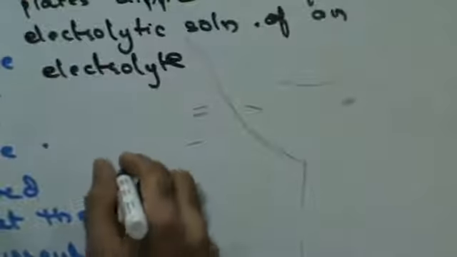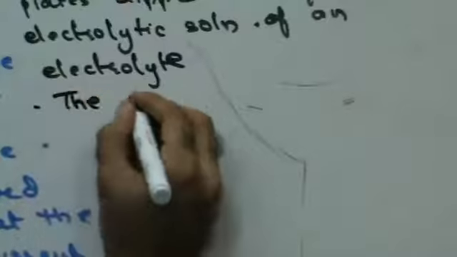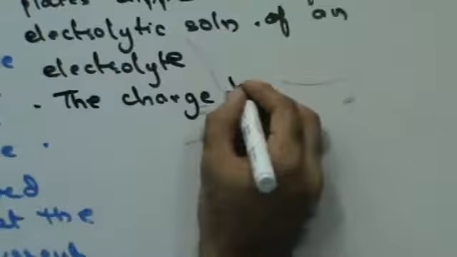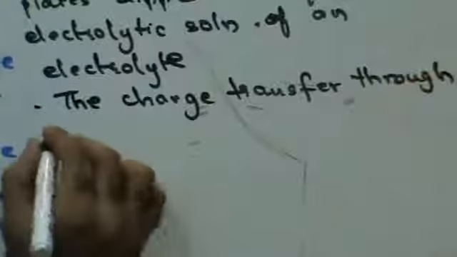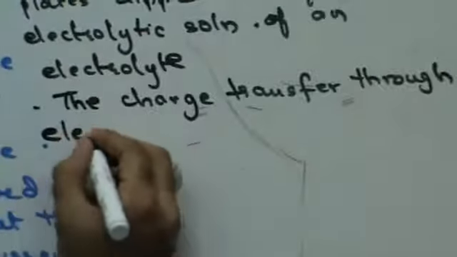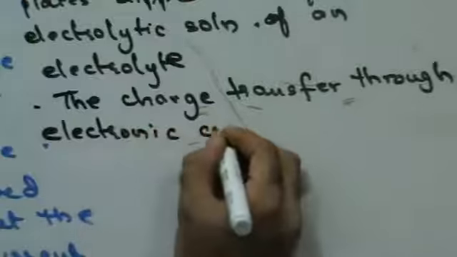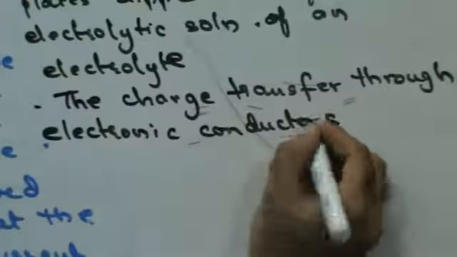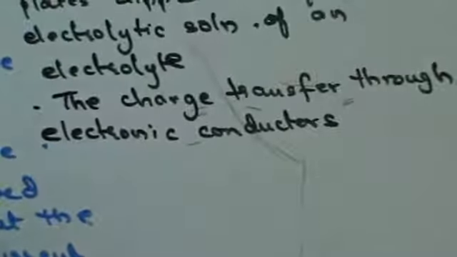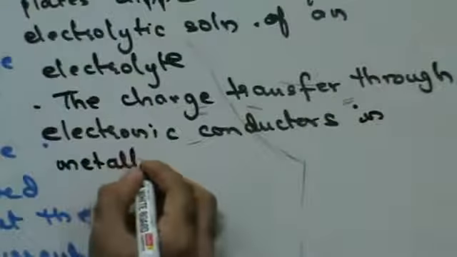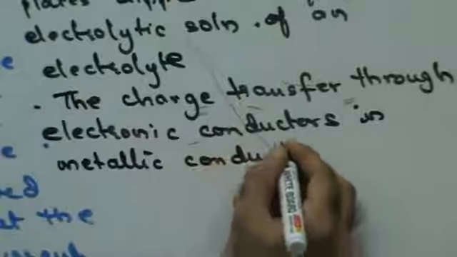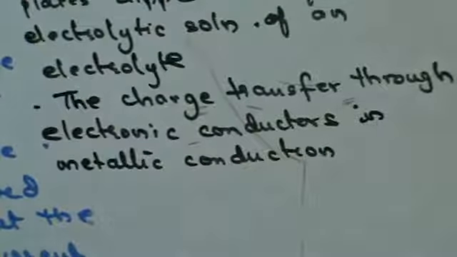The charge transfer through electronic conductors, the metal plates that are put, is metallic conduction.